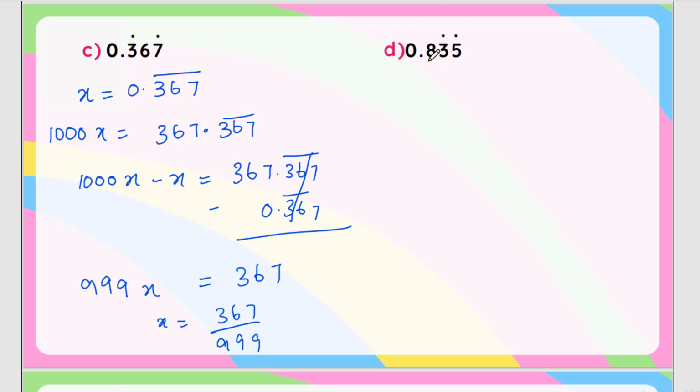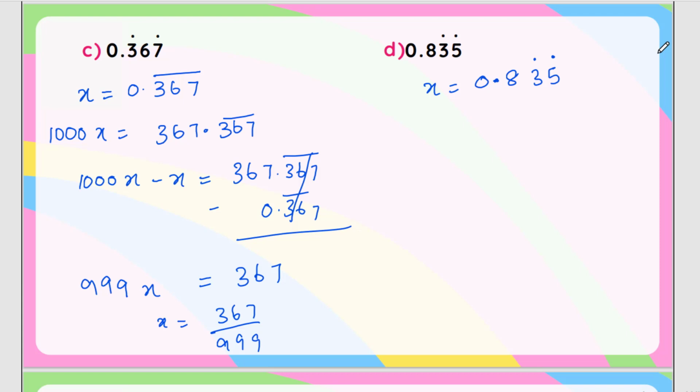Okay, now let's see this sum. Here x equal to 0.835 dot dot. Now this problem is not similar to the previous problems. There is a small twist. What does that mean? After the decimal point, this 8 is not repeating. Only 35 is repeating. So in this case, the first step is that you should make sure that after the decimal point you are having repeating digits.